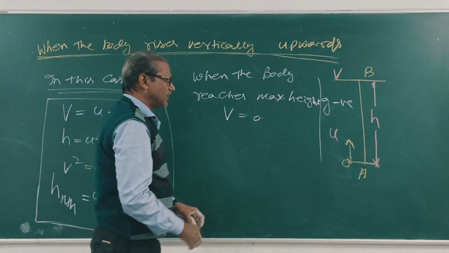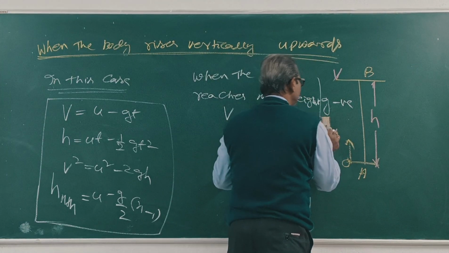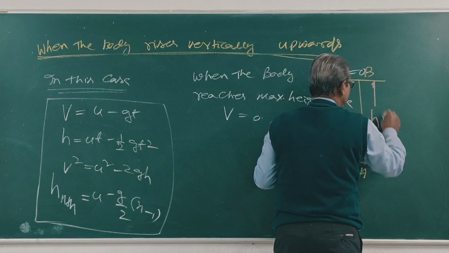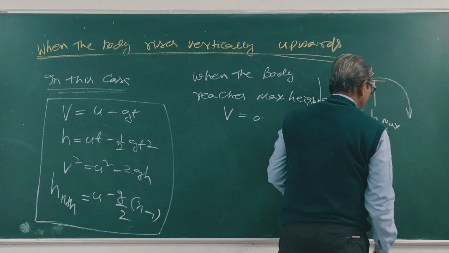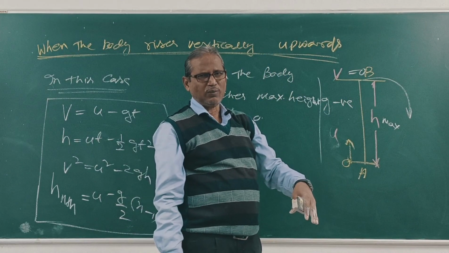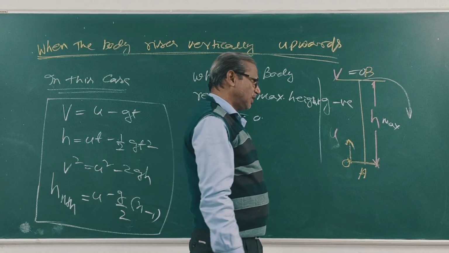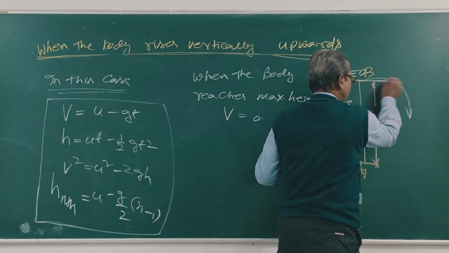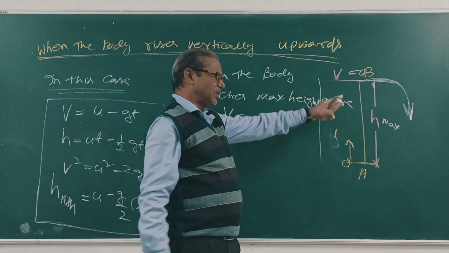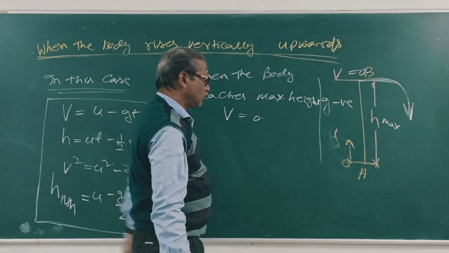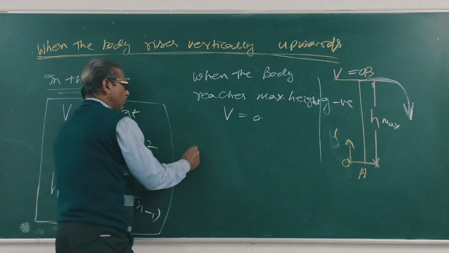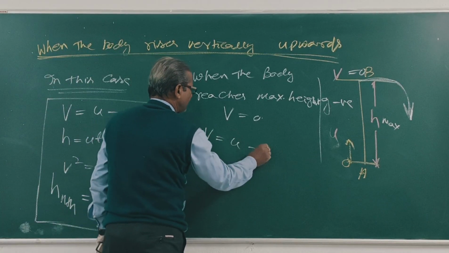So at this point, v is 0 and h becomes h max, and again the body returns to ground level or falls downwards. Put v equal to 0 in v is equal to u minus gt.